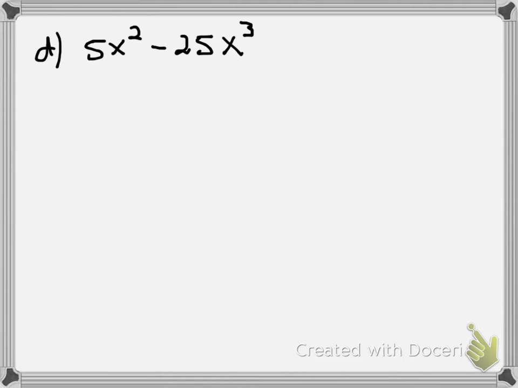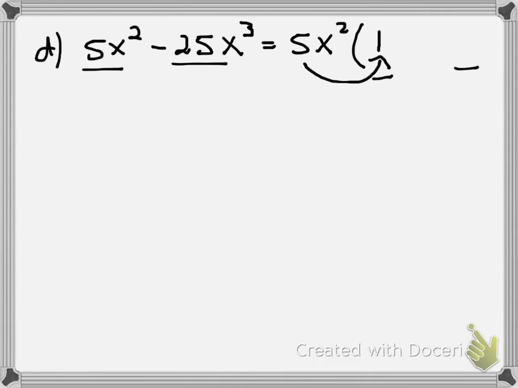We have a 5 for the 5 and the 25, and x squared and x to the third. I can take out the one with the least exponent. What do we multiply 5x squared by to get 5x squared? A 1. People tend to think it's not important, but you have to put the 1 there. If I have two terms here, I have to have two terms in my parentheses. Minus 5x squared times 5, and we need another x there. There you go, and there are the factors.